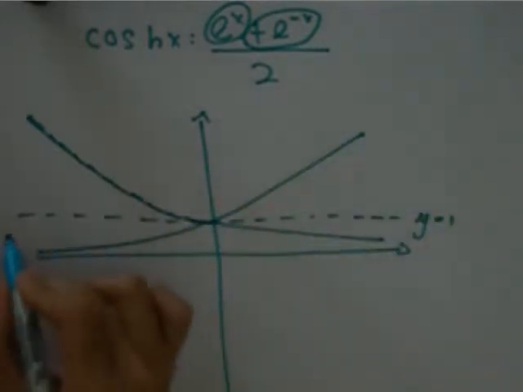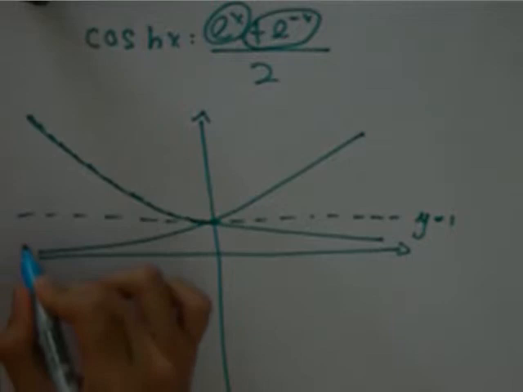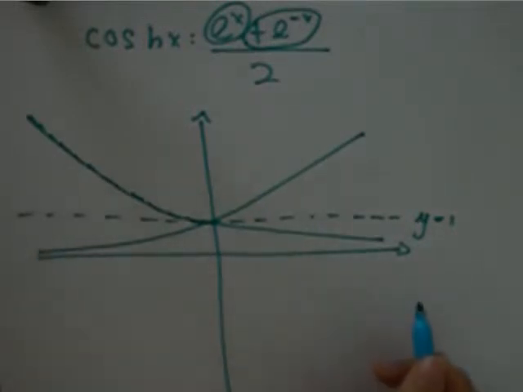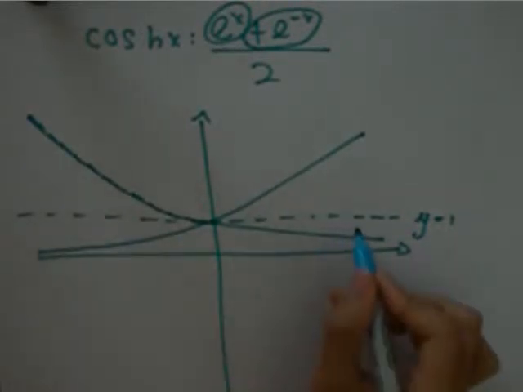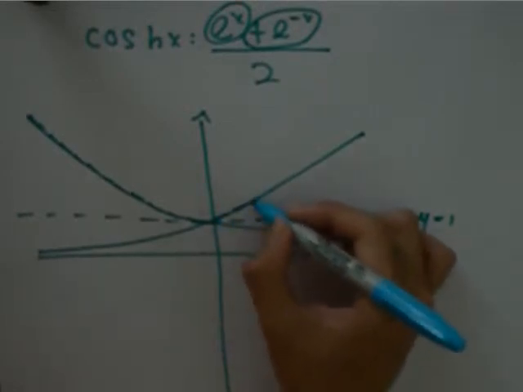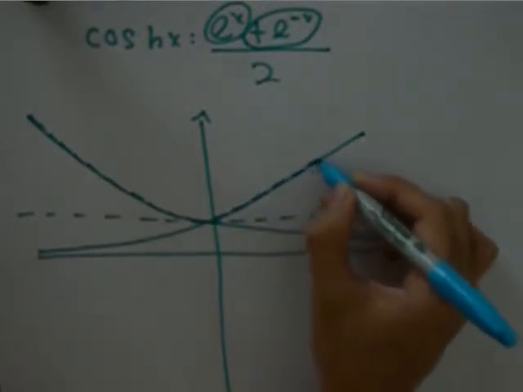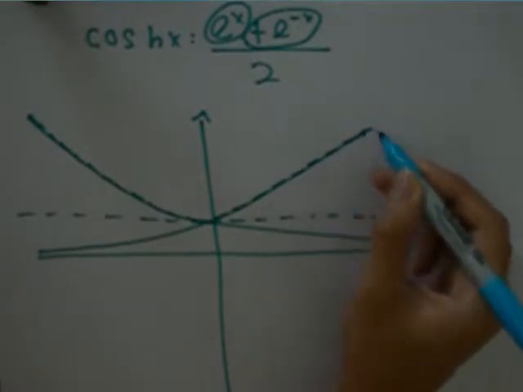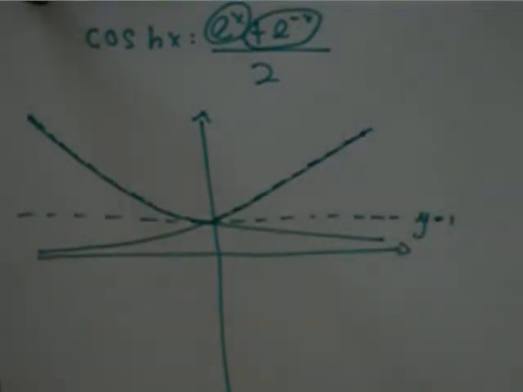At this point, since the asymptote is y equals to 1 and the curve for the cosine hyperbolic x graph cannot go lower than this asymptote, we follow it back up the e to the power of x curve. And there you go, that's our cosine hyperbolic x graph.